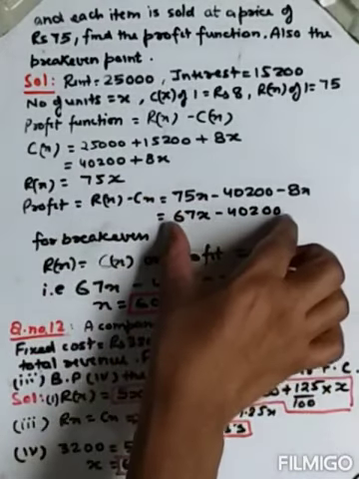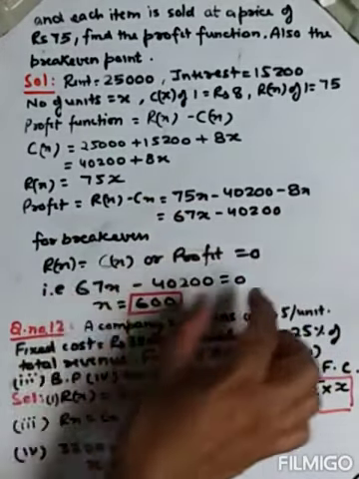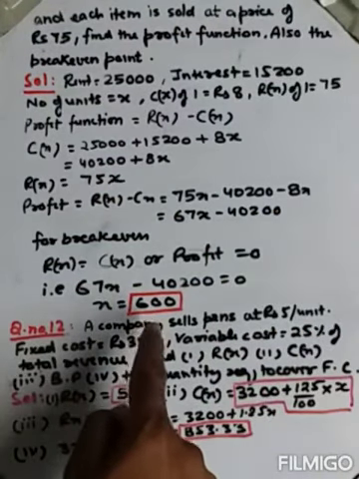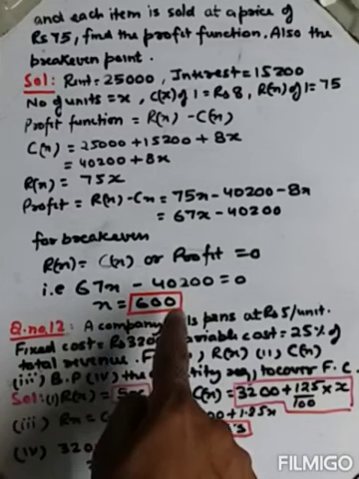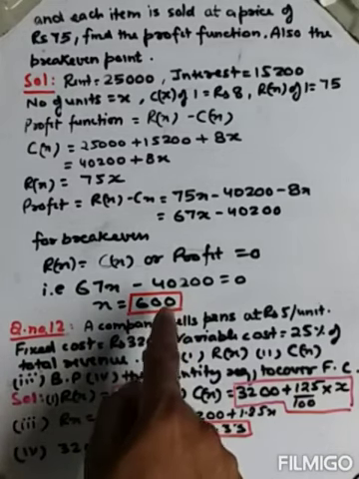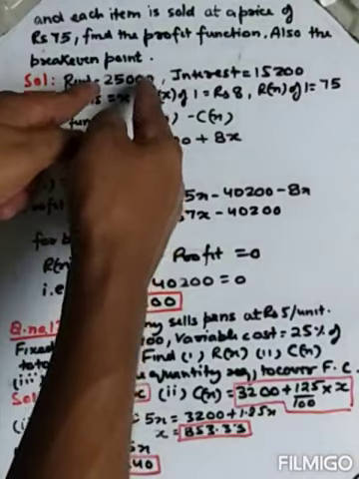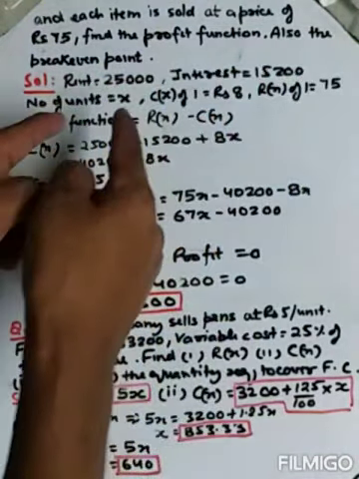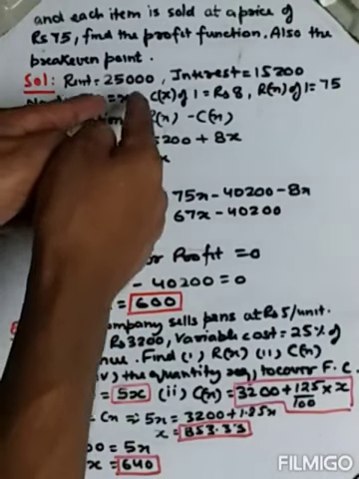So this profit will be equal to 0. X is equal to 600. That means if we are able to sell 600 articles, then only we are able to recover at least this basic expense, rent, interest, and the basic price or the CP of the articles.